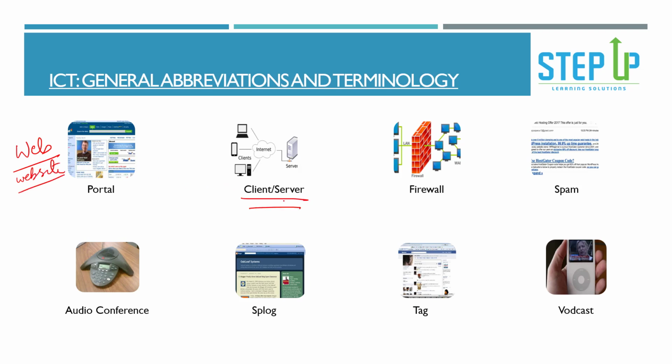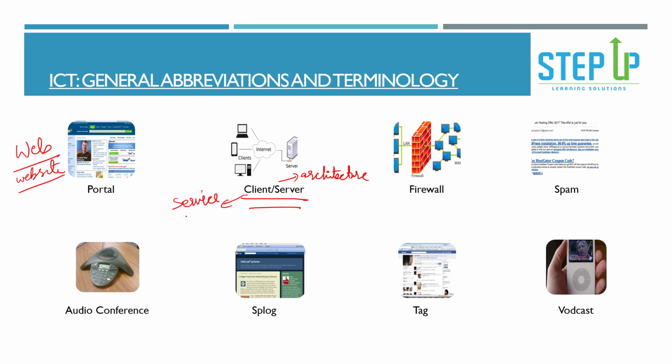Now client server is usually used in terms of architecture, right? It's a type of software architecture wherein one computer acts as a client and the other as a server. What it means is that the service requester, who is requesting, of course becomes your client.